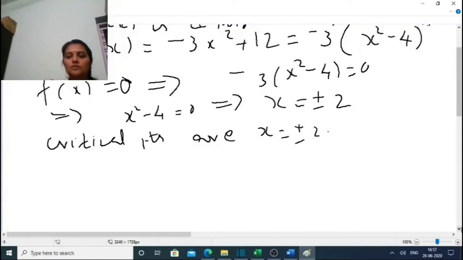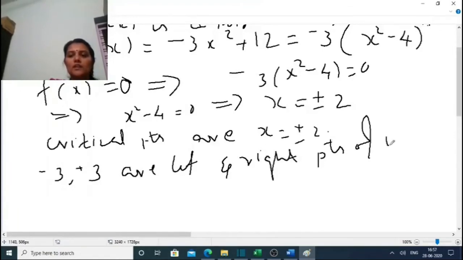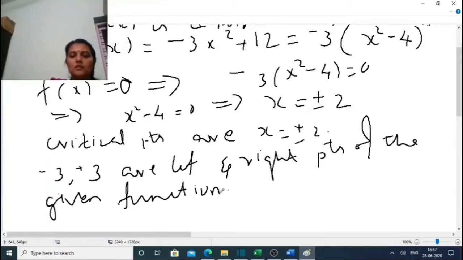Now minus 3 and plus 3 are the left and right endpoints of the given function.